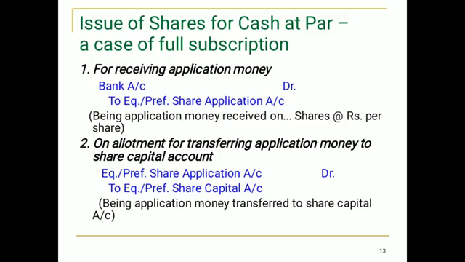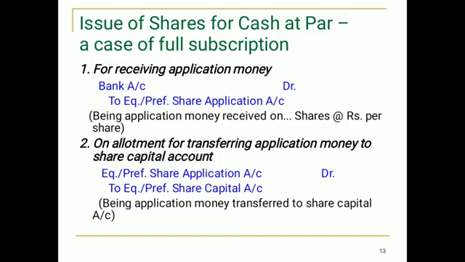Those 10 rupees are not collected all together, but instead divided into 4 parts maximum, and then the amount is called up, of which the very first installment is of application, second of allotment, third of first call, and fourth of final call or second call.